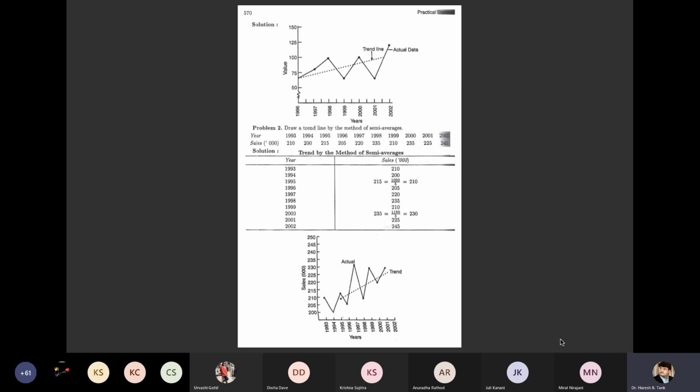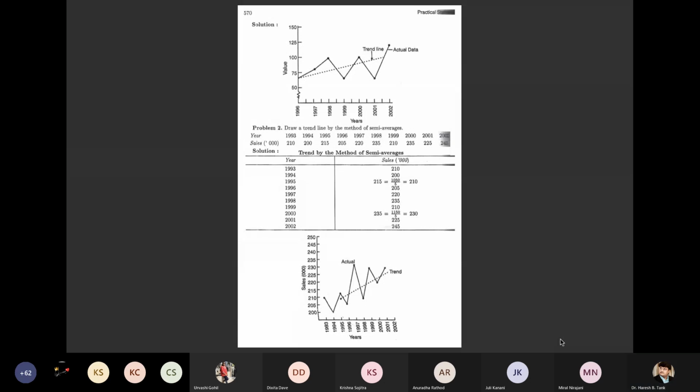So 1993, 94, 95, 96 and 97 will be the first set of data. 98, 99, 2000, 2001 and 2002 will be the second set. Put a line in between, so you will be able to justify that it is the first group and the second is the second group.